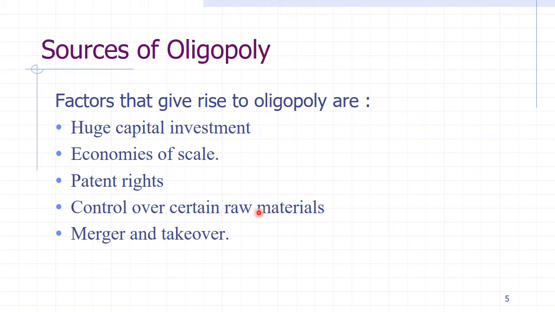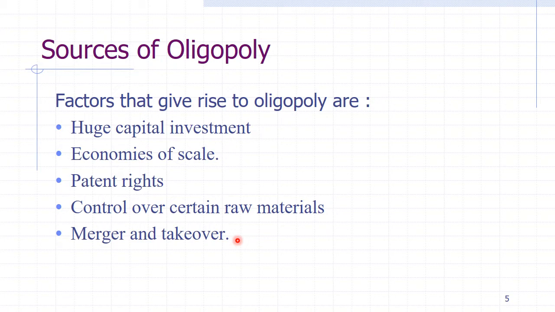Control over certain materials, mergers and takeovers. Although sometimes small firms can enter this market, those who have more power or more stable, established oligopoly firms will merge and take over when a new company enters.